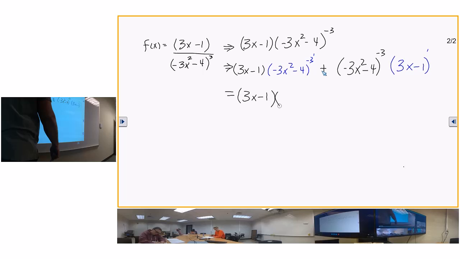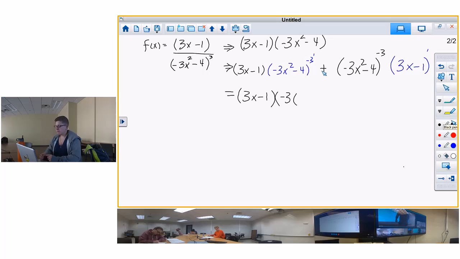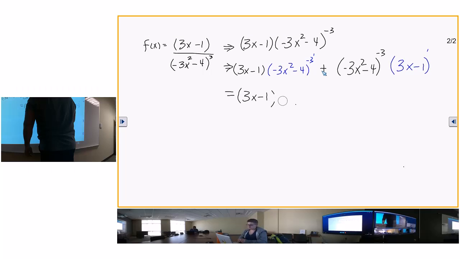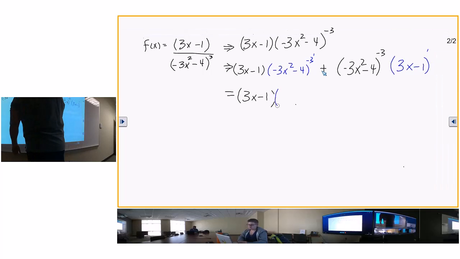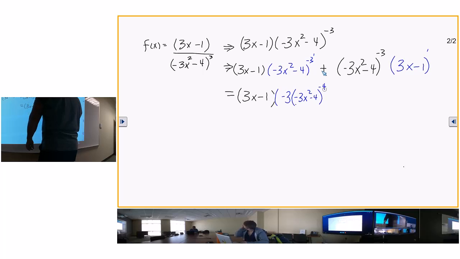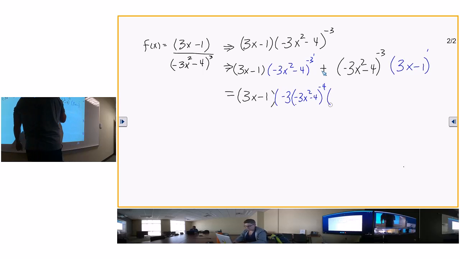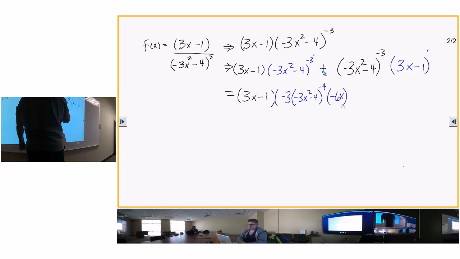And the derivative of this guy is going to be a mess, but -3 parentheses, well, do it. Got to throw that innovative teaching in there. Parentheses, -3, parentheses, -3x squared minus 4 to the negative what? To the 4th power. And then what's the derivative of what's inside? Negative what? Negative 6x? Yes or no?